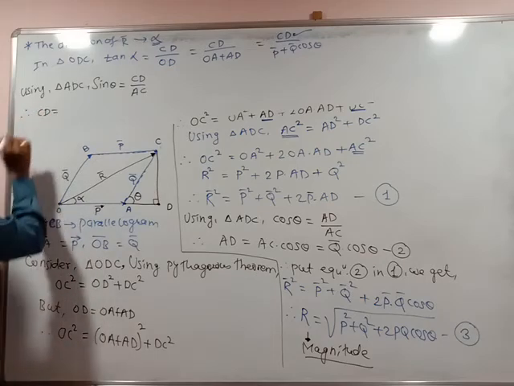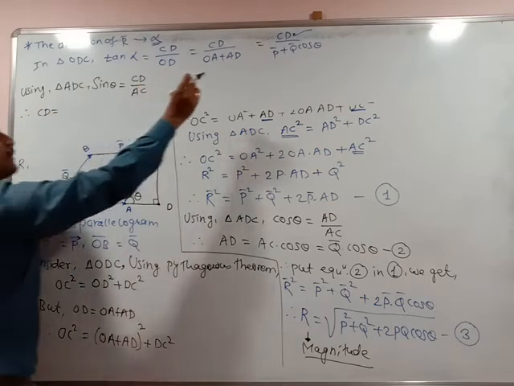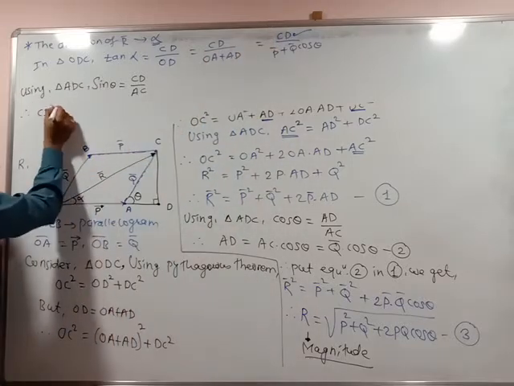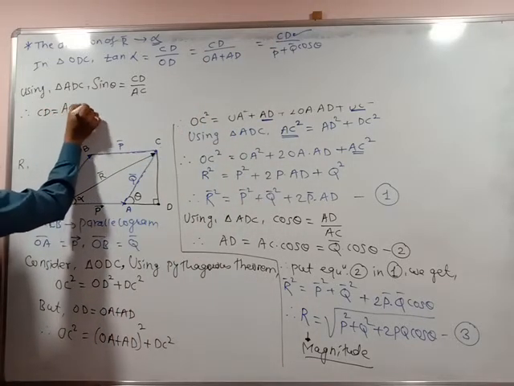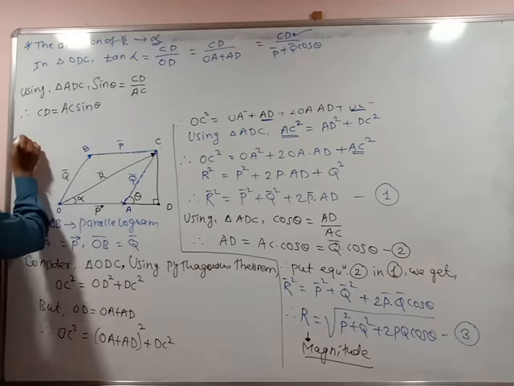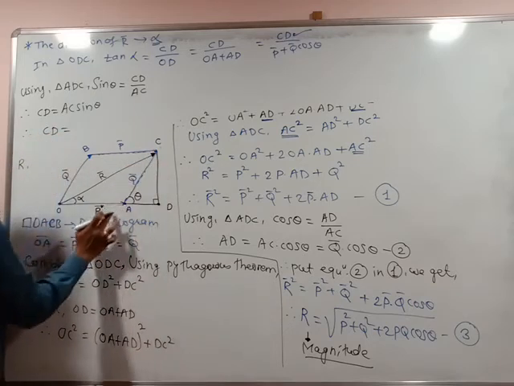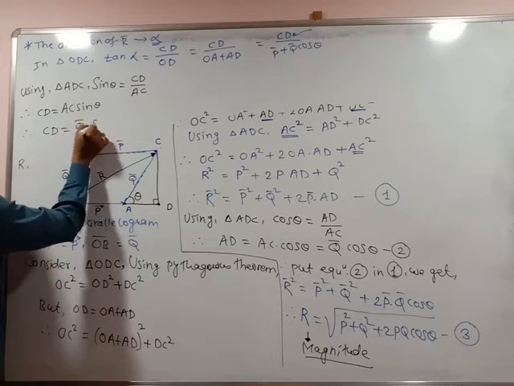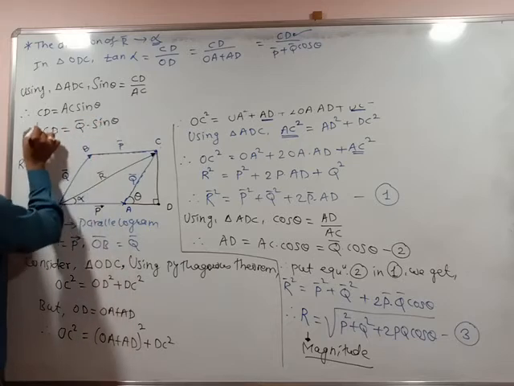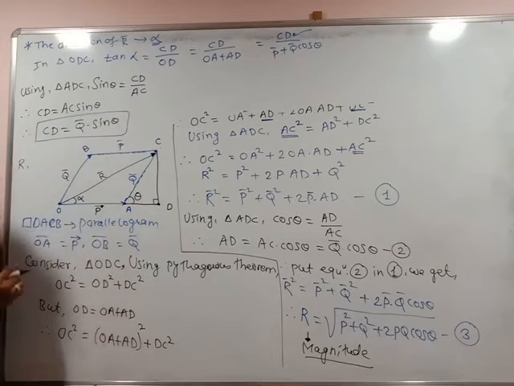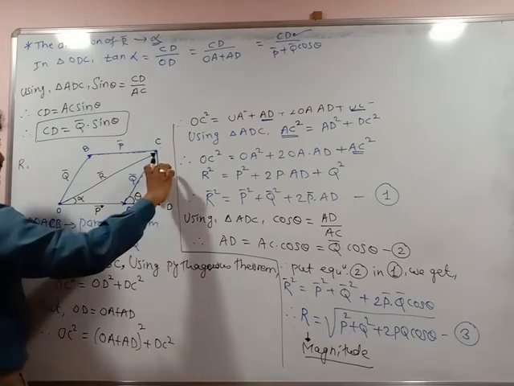Therefore, CD is equal to AC into sin theta. What is the value of AC? It is vector Q bar. So the CD value is vector Q bar into sin theta.